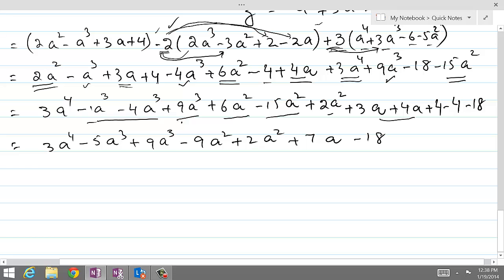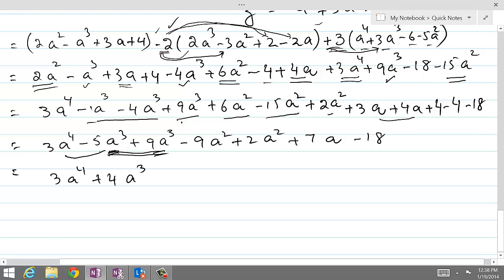Now there is still addition to be performed. You can do this in one step, but I'm doing it this way: this is 3a⁴ and minus 5a cube and plus 9a cube. These are like terms because both involve a cube.